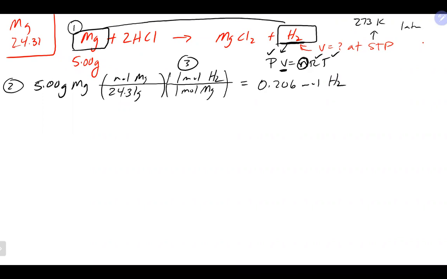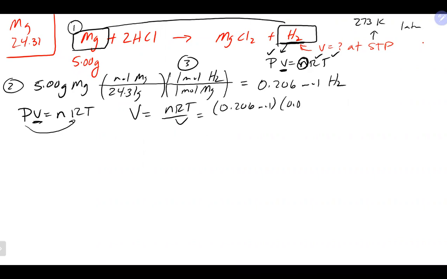At this point, this is where we deviate into the gas law, and we could use PV equals nRT. In this case, we're going to solve for volume, so we'll send pressure to the other side. Volume will equal nRT divided by P. Putting in our numbers here, 0.206 moles of hydrogen, 0.08206 as our gas constant, and our temperature of 273 Kelvin, all divided by our pressure of 1 atmosphere, which is our standard pressure.